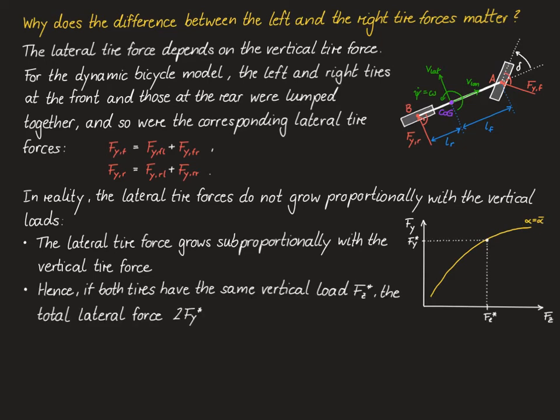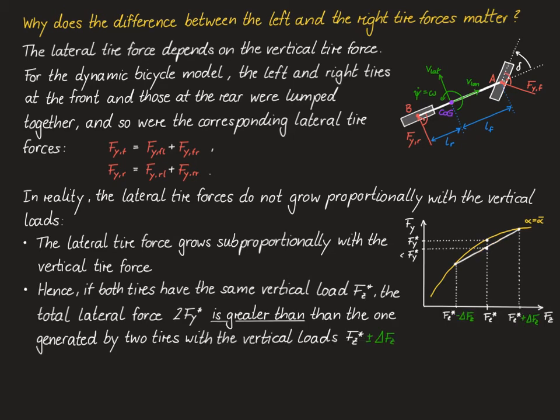Hence, if both tires of the same axle, meaning the left and the right tire, have the same vertical load Fz star, then the total lateral force generated by this axle is given by 2 times the corresponding lateral tire force Fy star. We now compare this with the lateral force that is generated by a left and a right tire that deviate from the average vertical load Fz star by plus minus delta Fz.